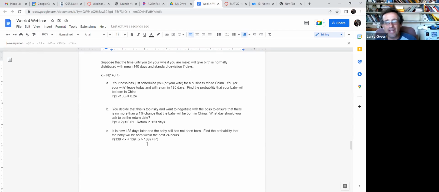The 'and 138' doesn't give you anything new. So that's the probability that 138 is less than X is less than 139, divided by the probability that X is less than 138. Any questions on that?